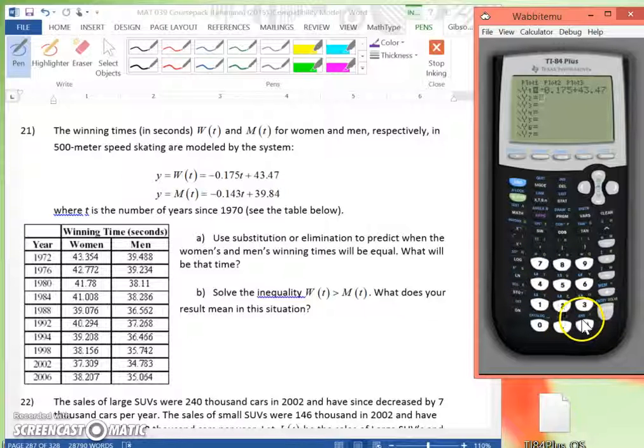Press enter. Now we will have a negative 0.143X plus 39.84. Now we'll press graph. Now because we had changed our window, we need to go to zoom and go down to zoom fit and press enter.